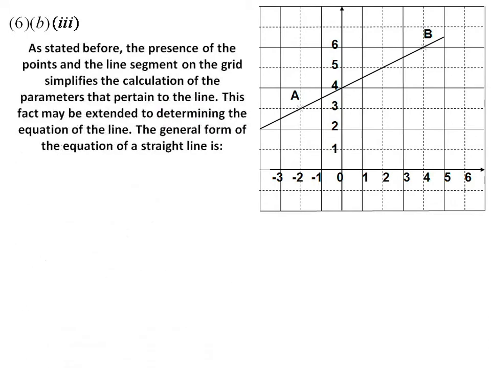As stated before, the presence of the points and the line segment on the grid simplifies the calculation of the parameters that pertain to the line. This fact may be extended to determining the equation of the line. The general form of the equation of a straight line is y is equal to mx plus c.